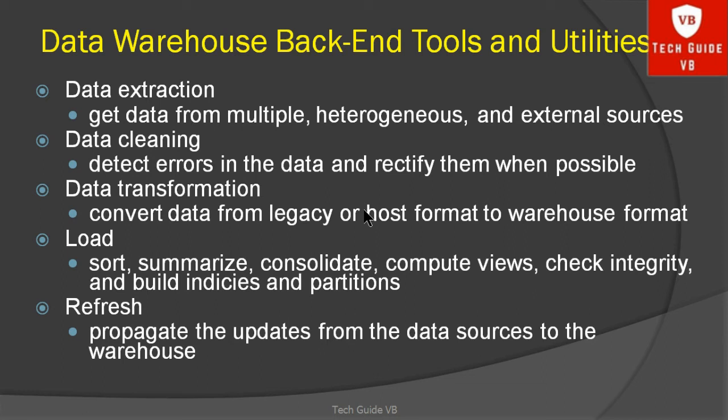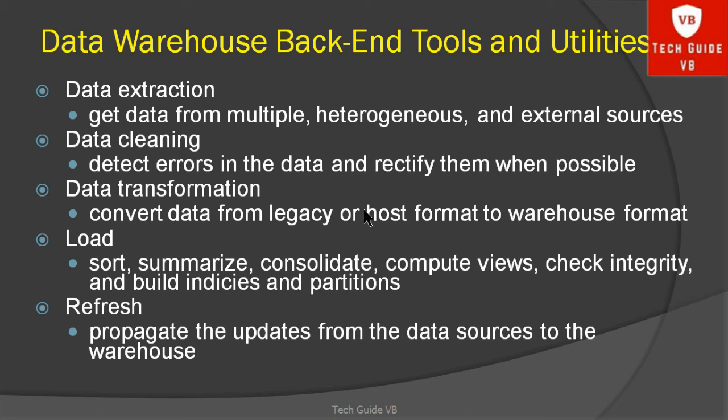Then second is the data cleaning. After extracting, we are detecting the errors in the data and rectifying them when possible. In the second step, we are basically doing the rectification of the errors. Then in the third step, there is the data transformation.